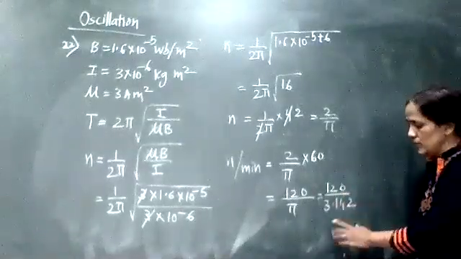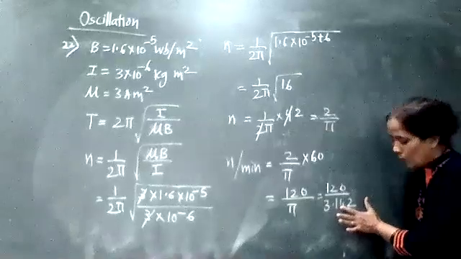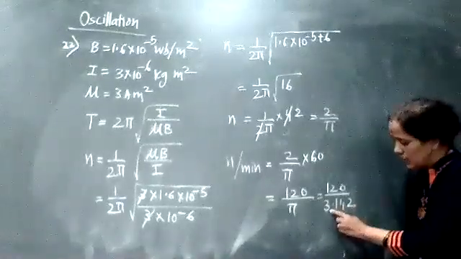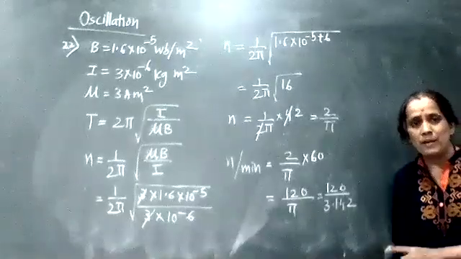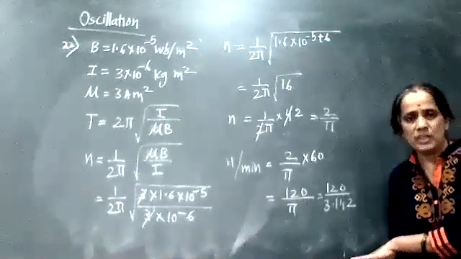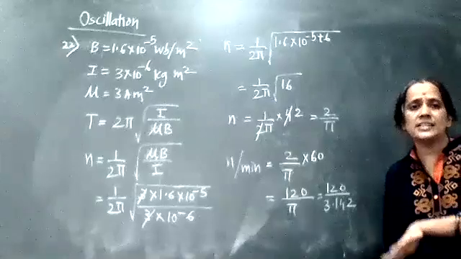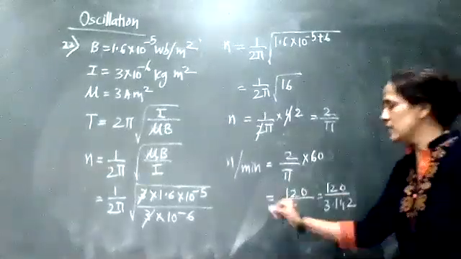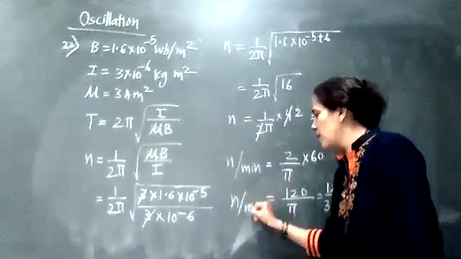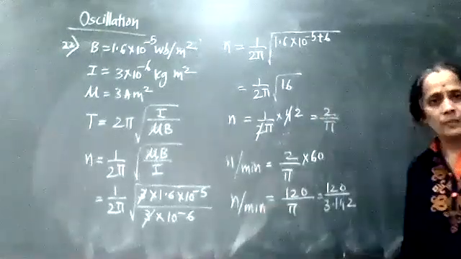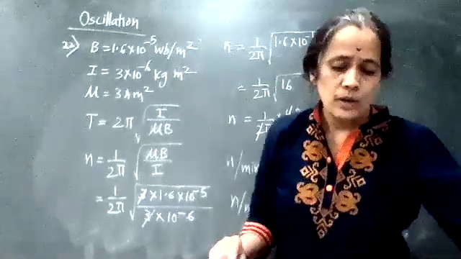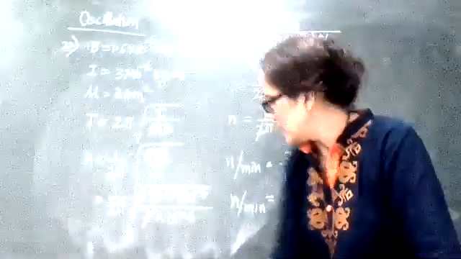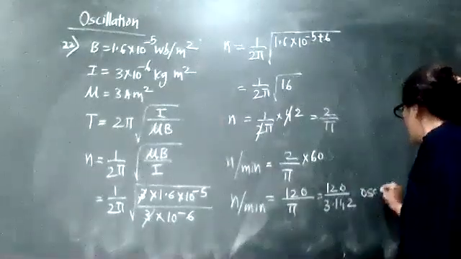So if I do this division, forget about the 142, if I consider only 3, then 120 upon 3 means it is 40. But the division factor is greater than 3, means your answer is slightly less than 40. So that is nothing but your frequency per minute. Is it right? So this is one of the numerical problems. So here I can say it is oscillations per minute.